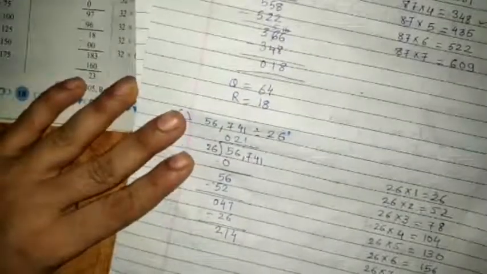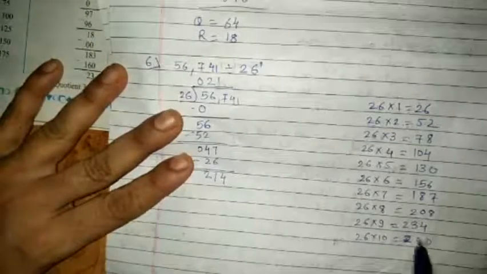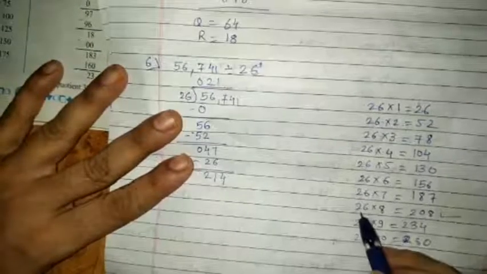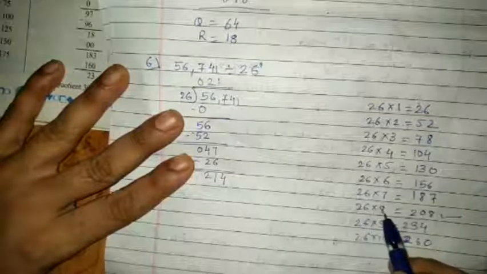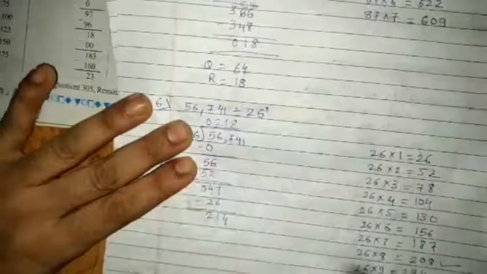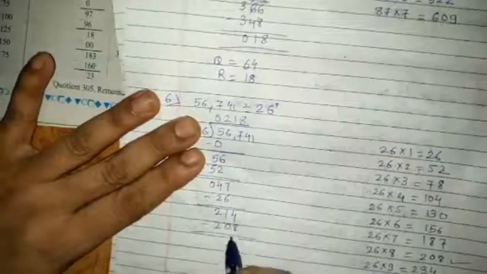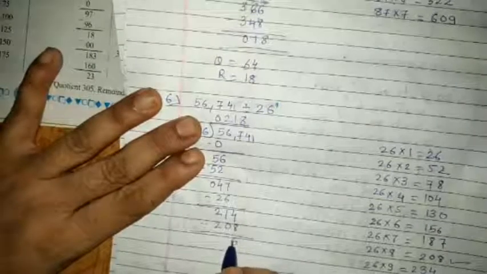260. Now see here, 214 is coming between 208 and 234. Then we will go with this, that is 26 eights are 208. Now 214 minus 208, that is 6.